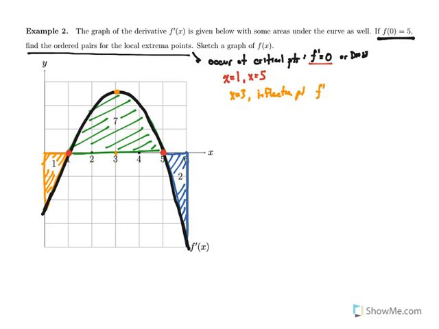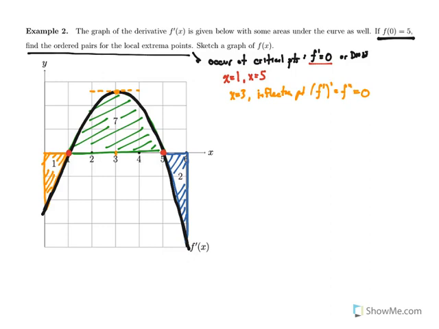That's when the derivative of the derivative, that's the second derivative, is equal to 0. We have a horizontal tangent line at that point. The derivative changes from increasing to decreasing at that point. That means the concavity is changing from concave up to concave down.